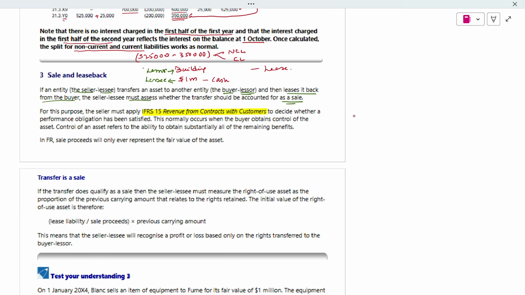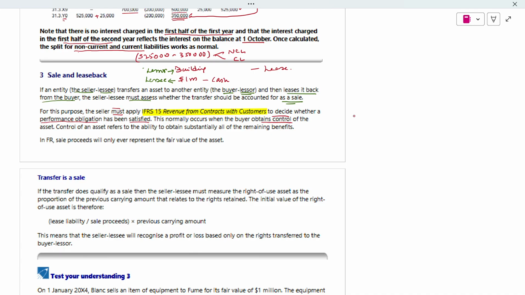First, if you are selling, then your role will be lessee. You are taking it back. The person who buys will become a lessor. For this purpose, the seller must apply IFRS 15 to determine whether the performance obligation is satisfied. This normally occurs when the buyer obtains control. If there is no control, no sale. What is control?